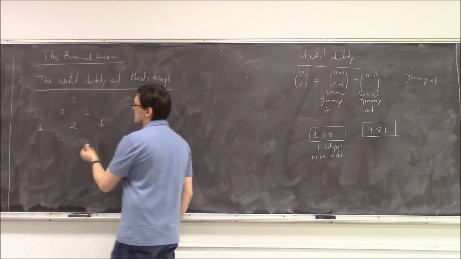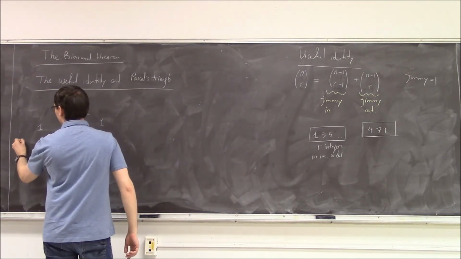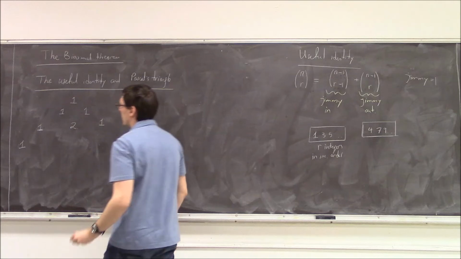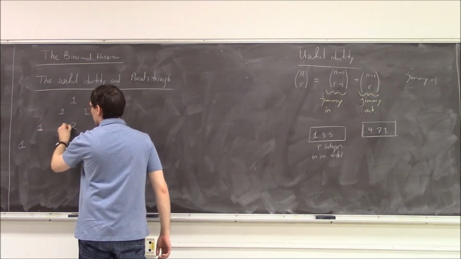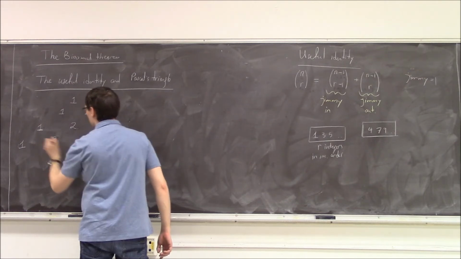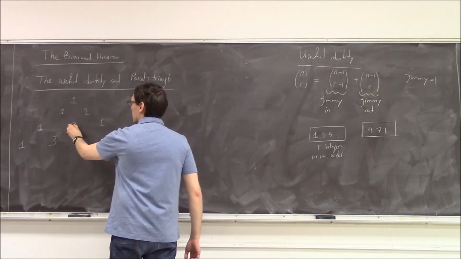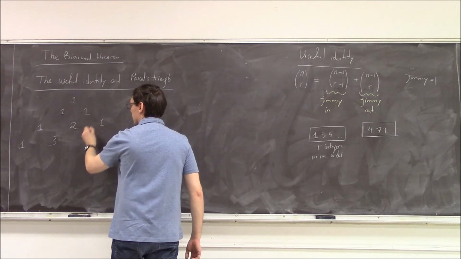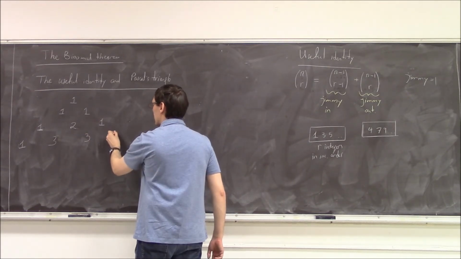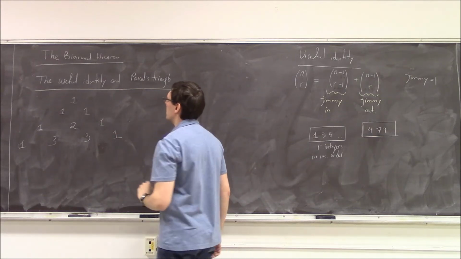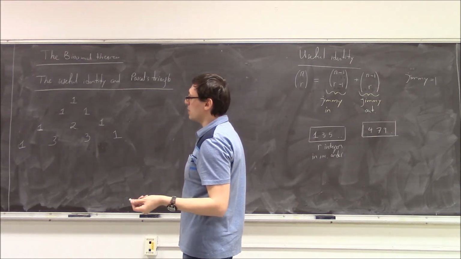Now to go to the next level, you put out another 1, and then between 1 and 2, you take 1 plus 2, and you write a 3. And then between 2 and 1, you add them, and you again write a 3. And then you place a 1 in here. And you can continue in this fashion.